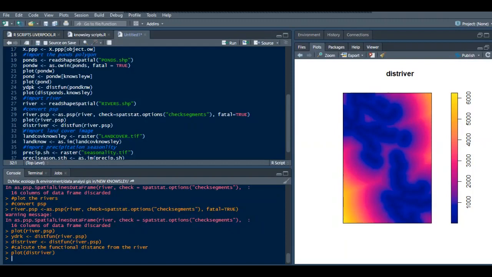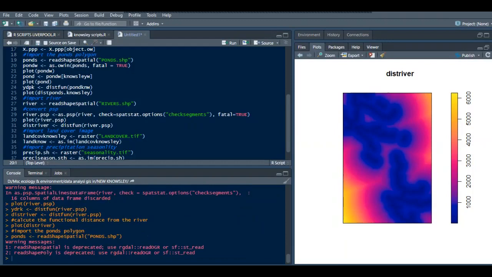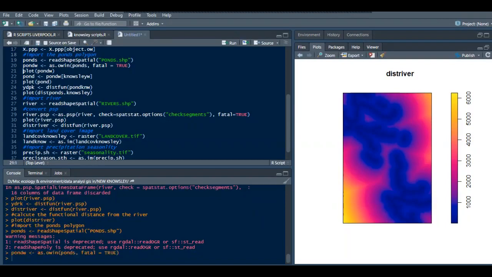The code for ponds is in here. I will just run and execute it. Don't mind that. Because the ponds are like lakes, which are polygons with area, they are not continuous like the river. So we use the same function as I said. Then I will run that.